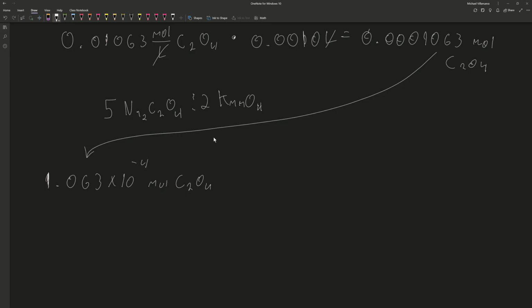C2O4. Now we are going to do our change from 5 moles of C2O4 to 3 moles KMnO4.